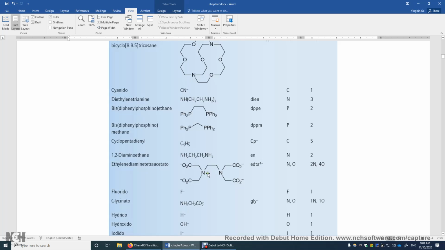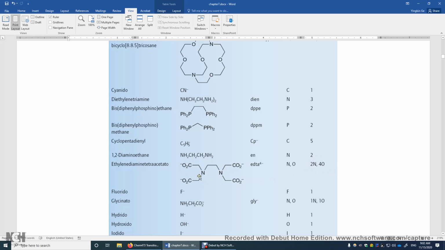These two nitrogen atoms can donate electrons to the transition metal at the same time, because you have 4 COO minus, right? So on the end you have O minus, O minus, O minus, O minus. They can also donate electrons to the transition metal. Therefore, the 2 nitrogen and the 2 oxygen can all donate electrons to the same transition metal at the same time.